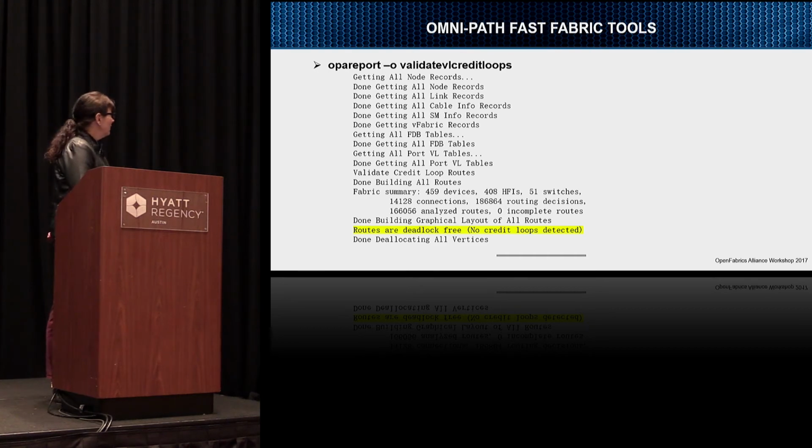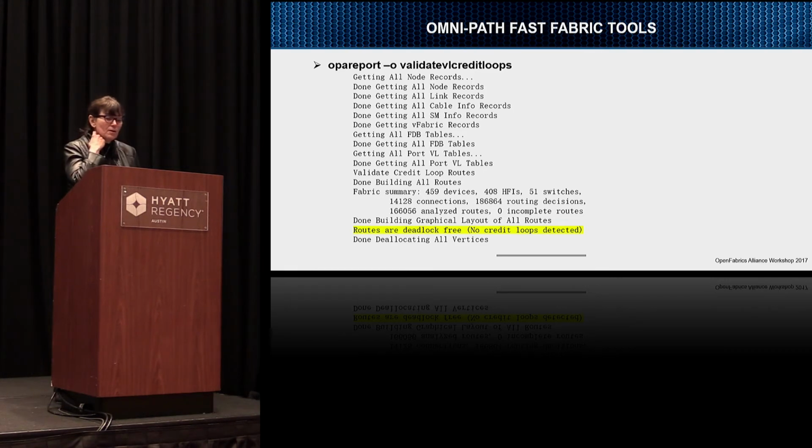We have some tools now for checking whether credit loops exist in the fabric. This example was a 4x4x4 torus, 64 switches, and I think 512 nodes in that fabric. This was a simulated fabric. And you'll see here that it's deadlock free.